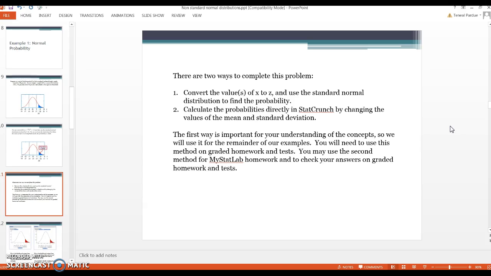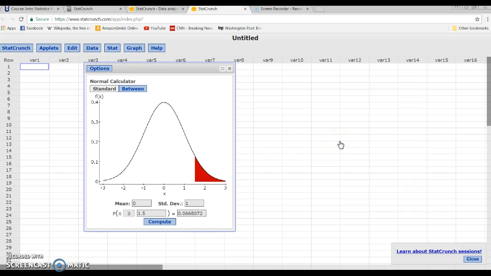I want to point out here that there's another way we could have gotten to the same answer. We can get to the same answer by changing the mean.